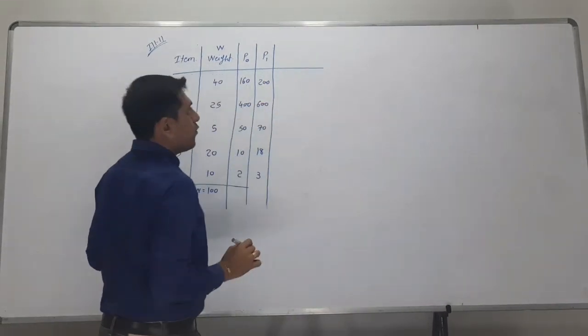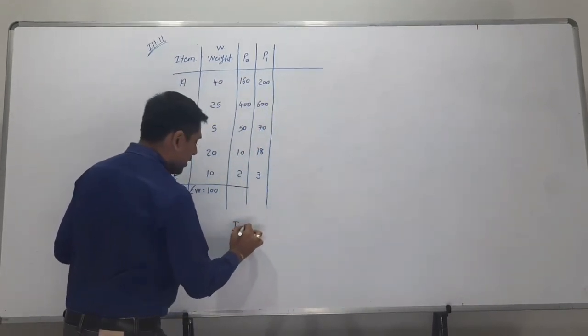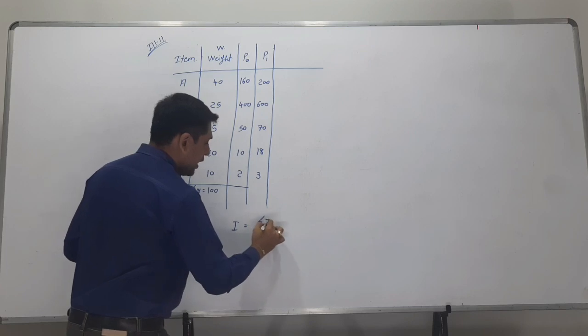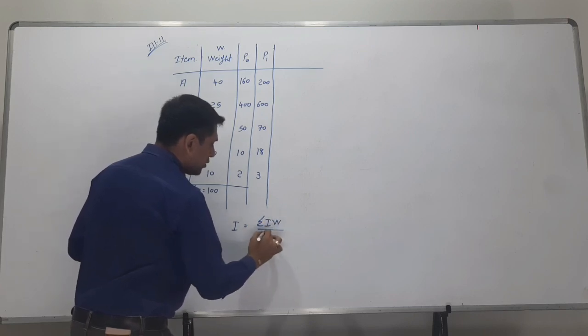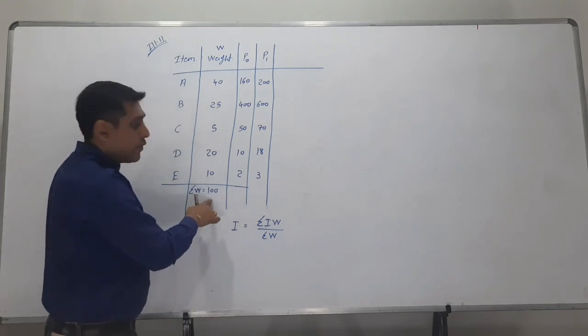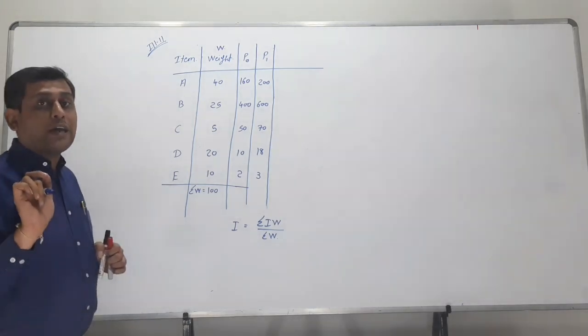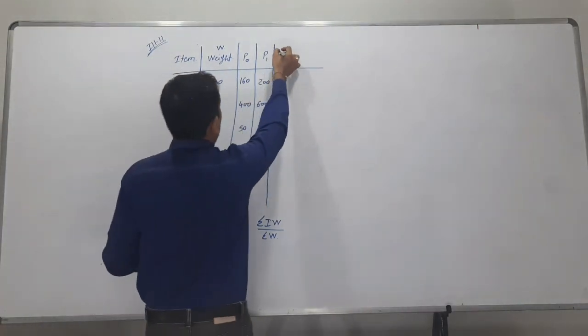Now what is the formula? See the formula for the index number: I is equal to sigma IW upon sigma W. Sigma W is equal to 100, which we already found. But for IW, we want I. What is the formula for I?